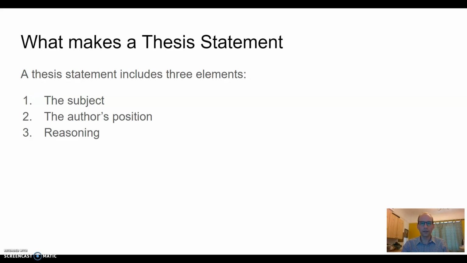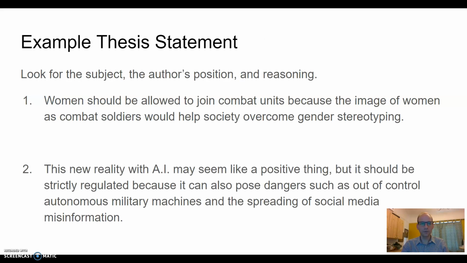Next we'll take a look at a couple examples of thesis statements so we can begin to understand how these elements work and what they look like in an actual sentence. On this page we have two thesis statements, and I'd like you to take a look at those two sentences and see if you can identify the subject, the author's position, and the reasoning.